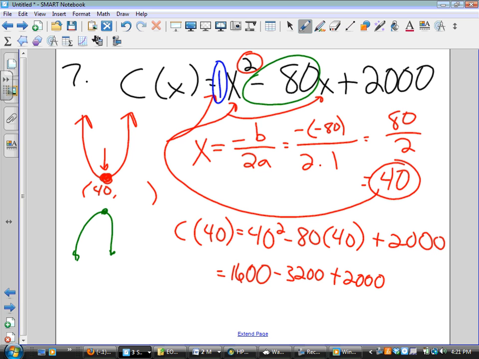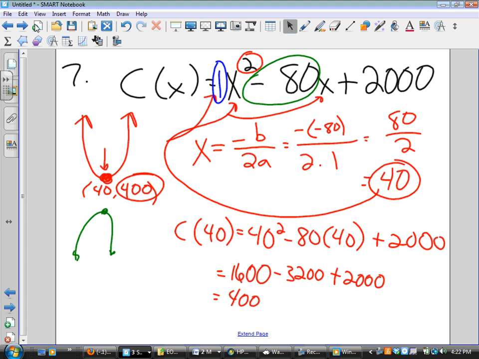So if we do that math, we get 1,600 minus 3,200 is negative 1,600 plus 2,000 is 400. So the marginal cost at 40 TVs is $400.